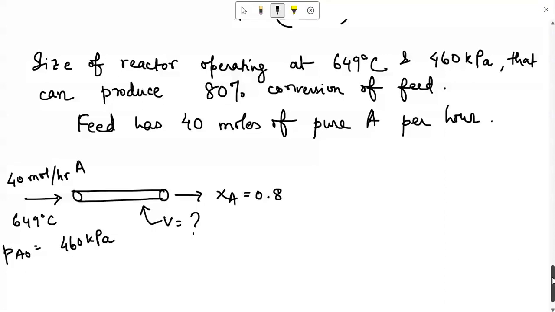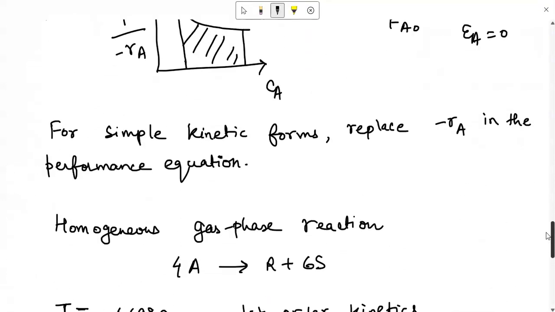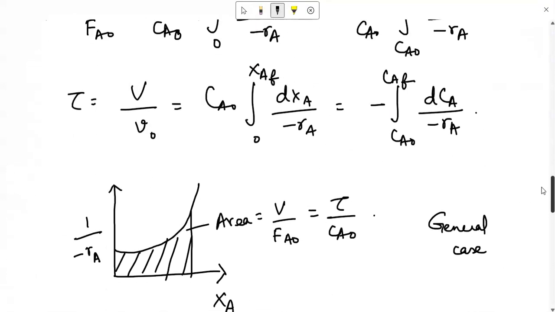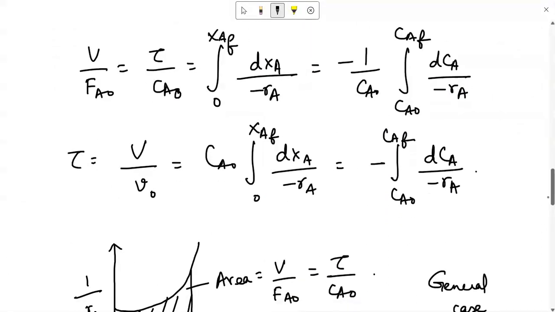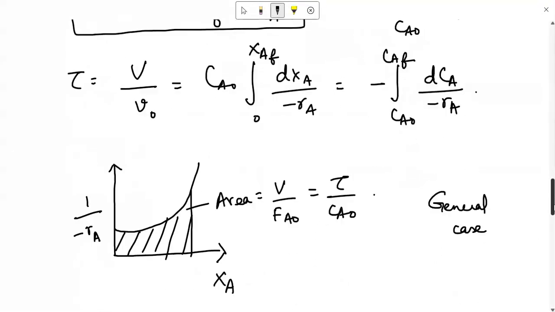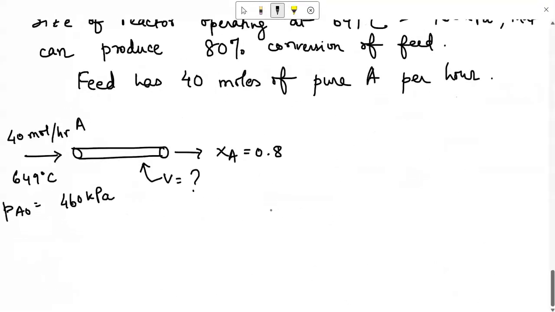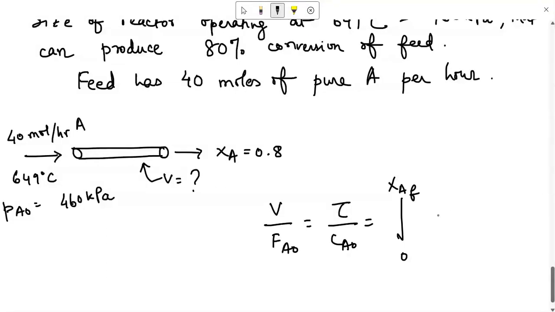Now you just go to the performance equation for the general case. I'm just going to write this again: V by Fa0 equals tau by Ca0 equals the integral from 0 to XAF of dXA by minus Ra.